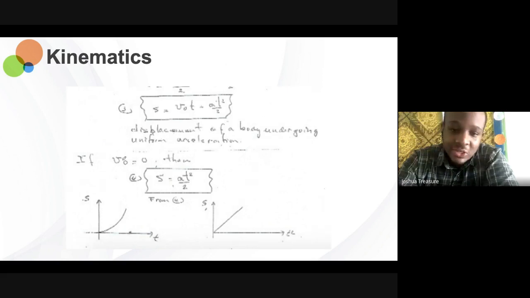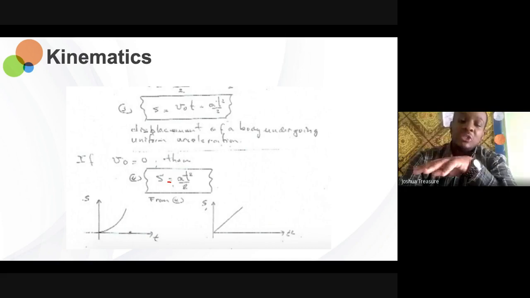Now, what if V0 is equal to 0? What will happen to this side? If V0 is equal to 0. And that side would be 0, sir. Exactly. So we would be left with S equal AT squared over 2, right? So that is in the case V0 is equal to 0.